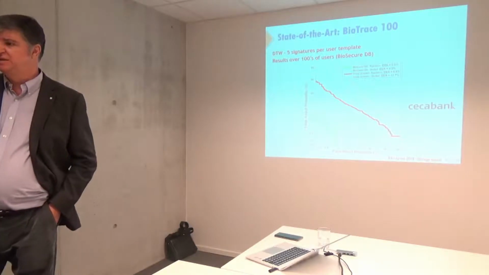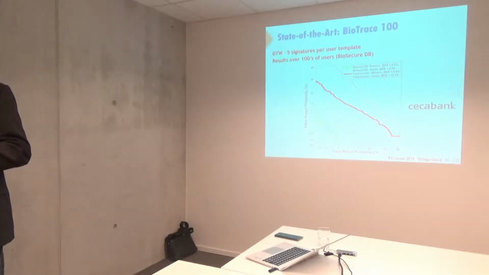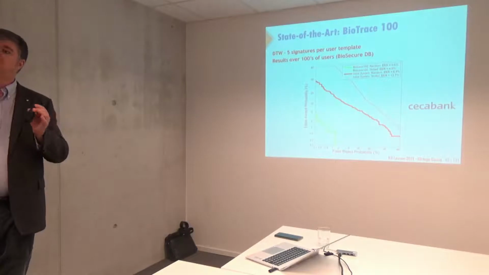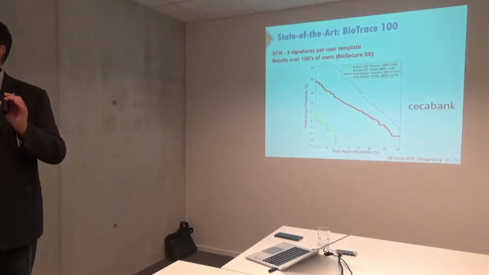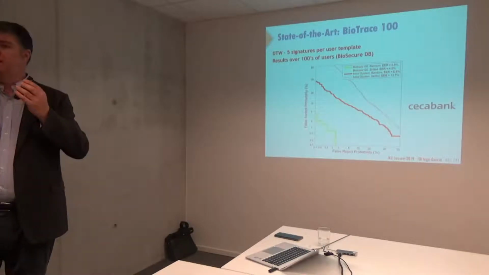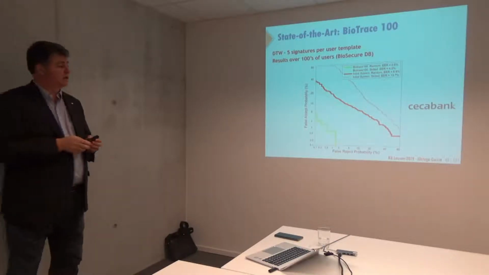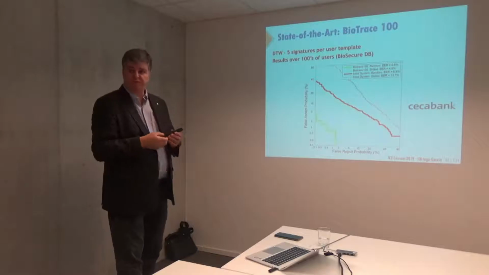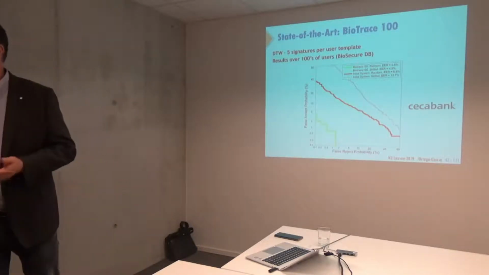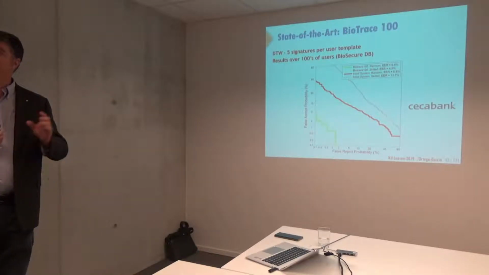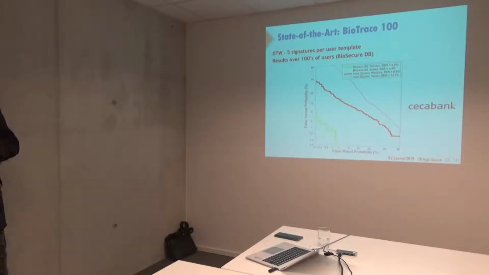More or less, the best fingerprint systems nowadays are between 0.2% and 0.5%. That is the performance of very good fingerprint systems nowadays. So we are there with a highly variable trait like signature.